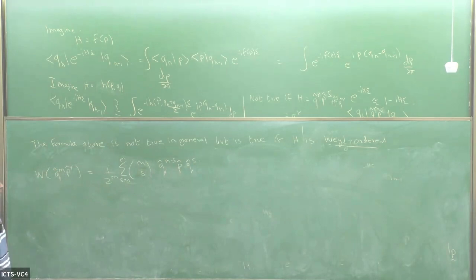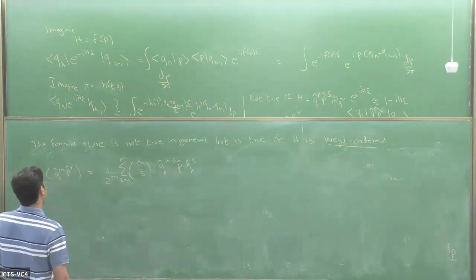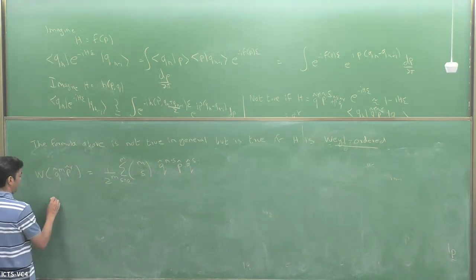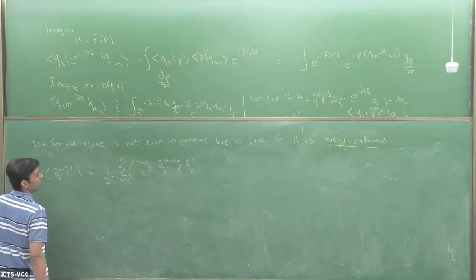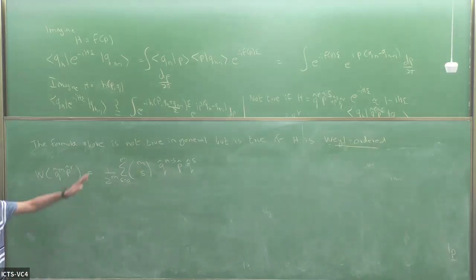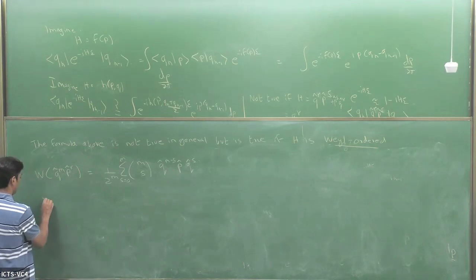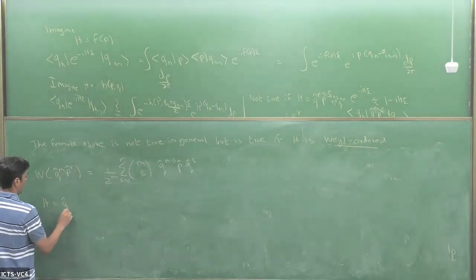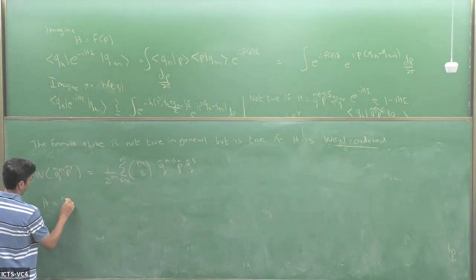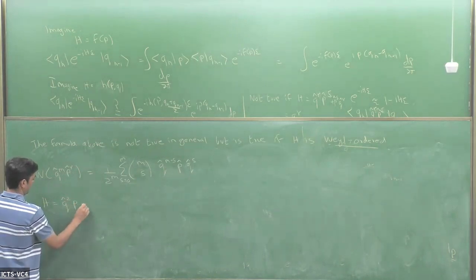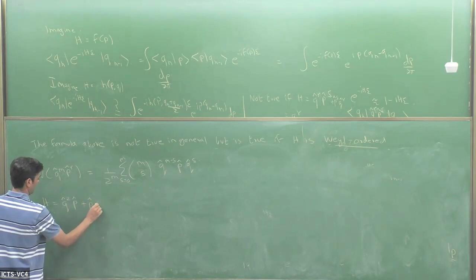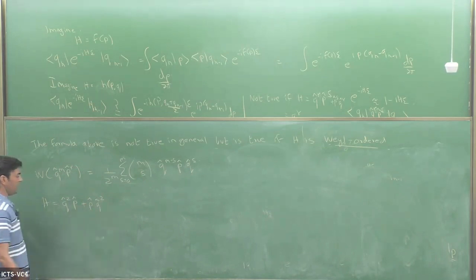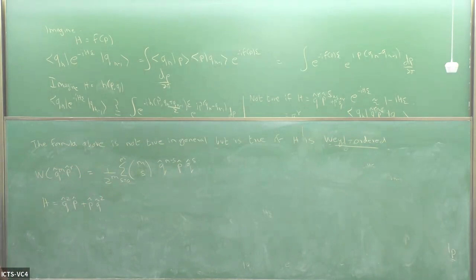Any expression that you have can always be written in a Weyl ordered way. For instance, let's say I told you that h was not Weyl ordered. Say h was q hat squared p plus p hat squared q hat squared. This is an allowed h. Now I could say this is really my quantum mechanical Hamiltonian. It's not written in the Weyl ordered form. So what should we do?